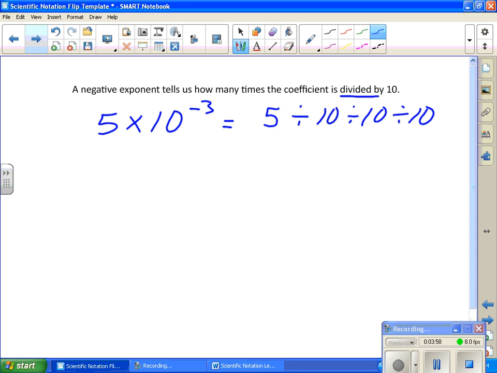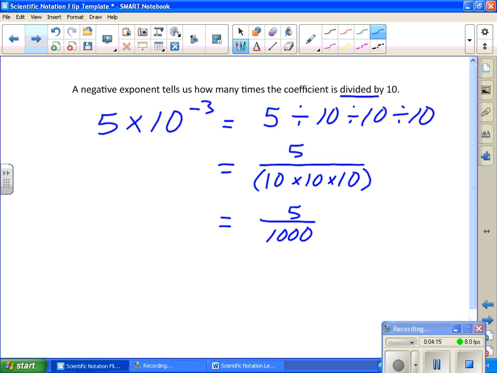This is really the same as writing 5 over 10 times 10 times 10 in the denominator. In other words, it's the same thing as 5 divided by 1,000, which, if you divide this out, is the decimal fraction 0.005.